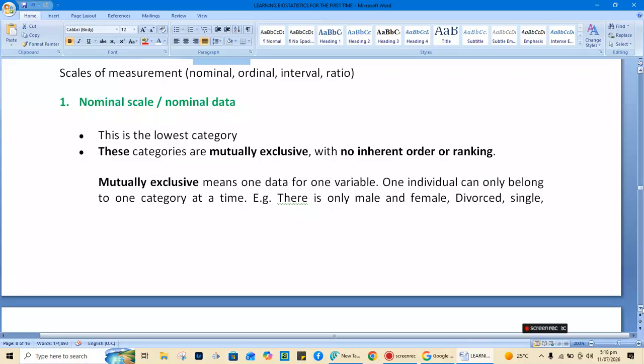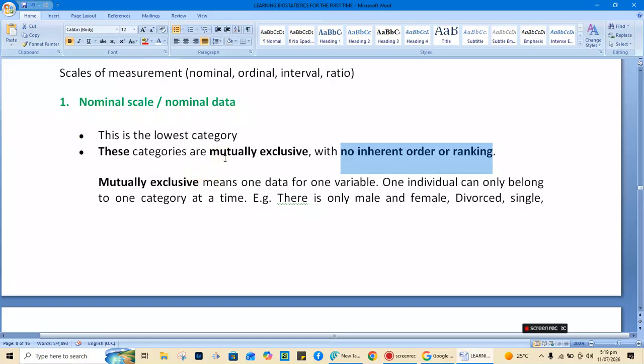The nominal scale is simply the lowest category, and these are categories that are mutually exclusive with no inherent order or ranking. What do we mean by mutually exclusive and no inherent order or ranking? By mutually exclusive, we mean that there is only one value for one variable.